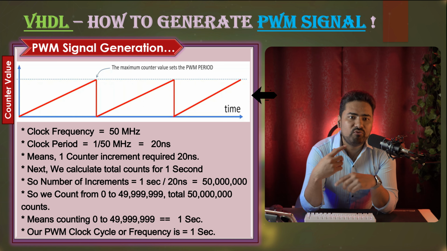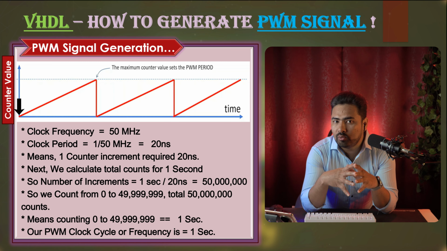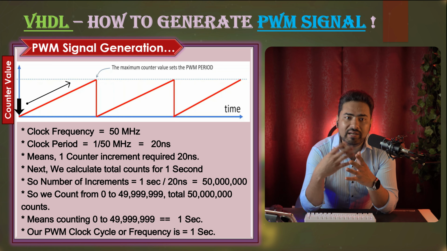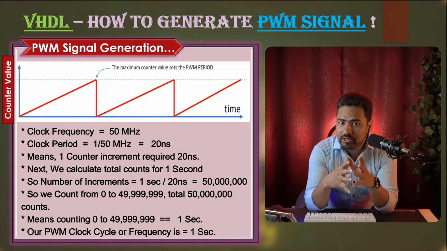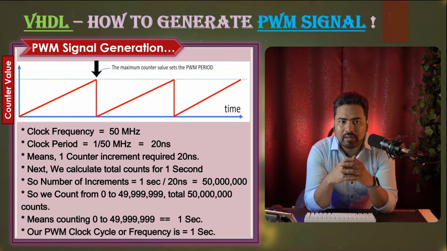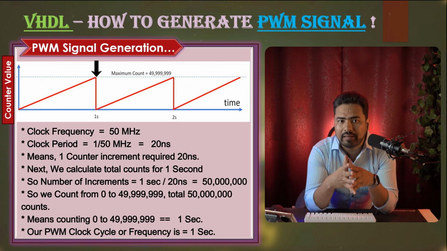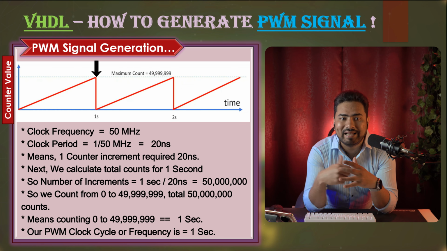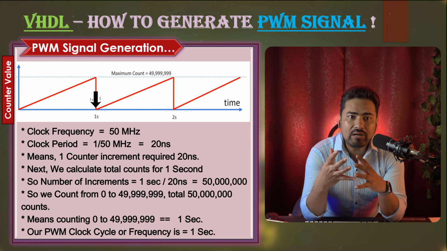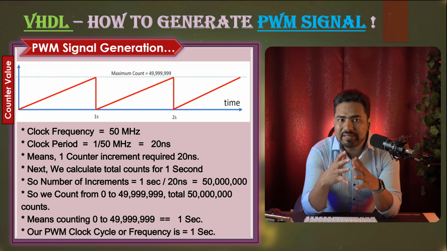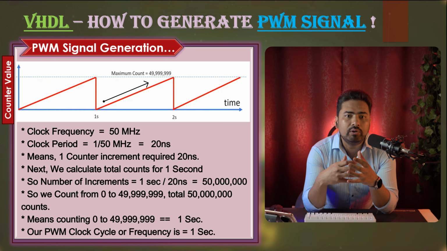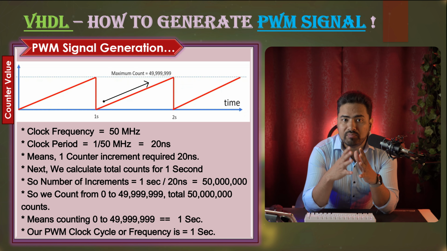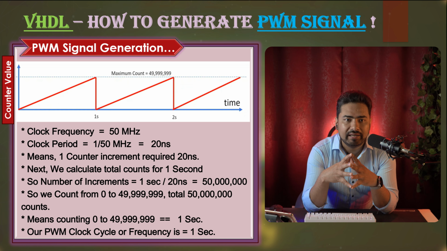Now look at this waveform again. So we start our counter from 0. Then we are increasing it continuously at each clock cycle. And we reach this maximum number, that is 49,999. And it is our exact 1 second time. Now we reset our counter to 0. So you see that after 49,999, our counter starts counting again from 0 to get another 1 second.